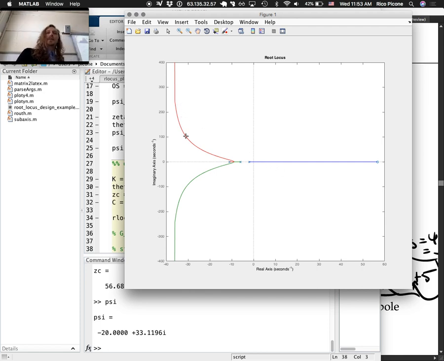Yes, we can make the root locus go through this point, this is where we wanted, right? But what happened to our stability? This pole is going to end up in the right half plane at that gain. If I look at 632 for our gain over here, we've got a right half plane pole, so it's unstable.